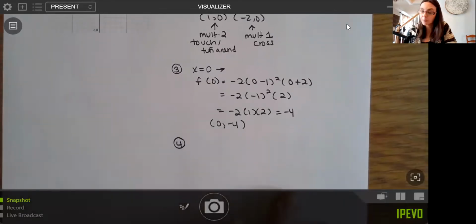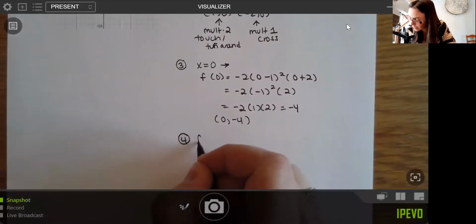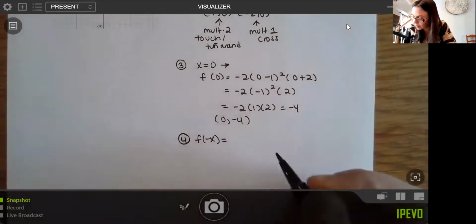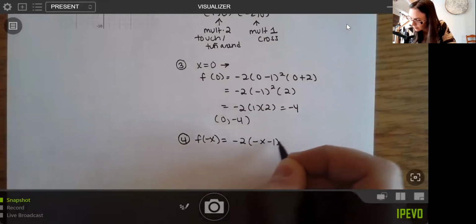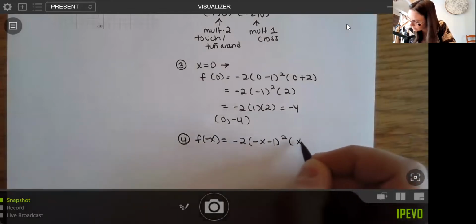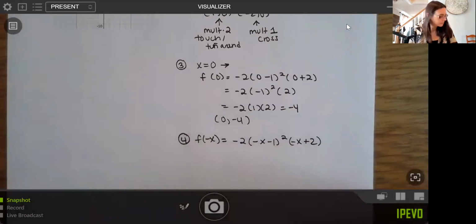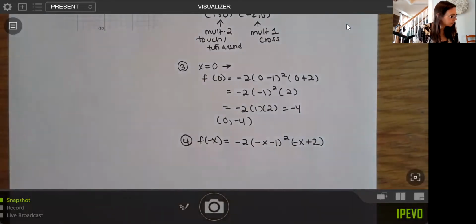Next, I can check for symmetry. So what you want to do is plug in that -x value and see what happens. Now, I will say this one's kind of hard because you can't really tell right away what's going to happen with it.